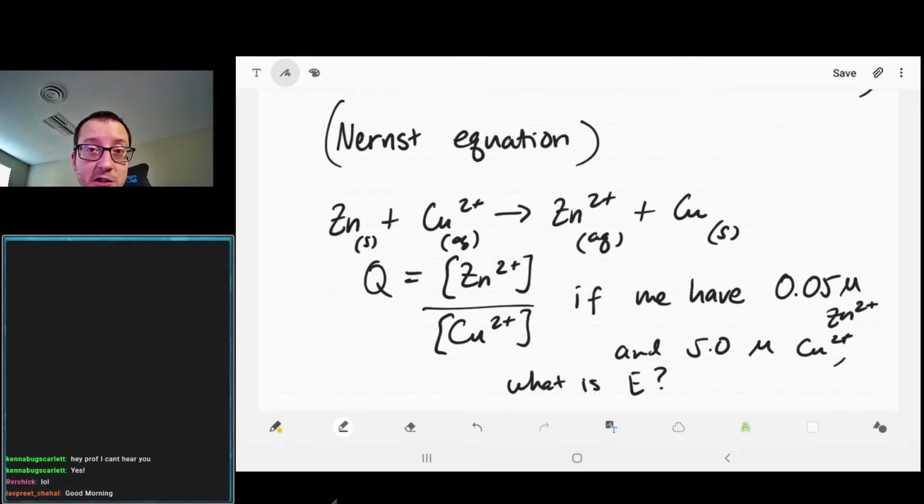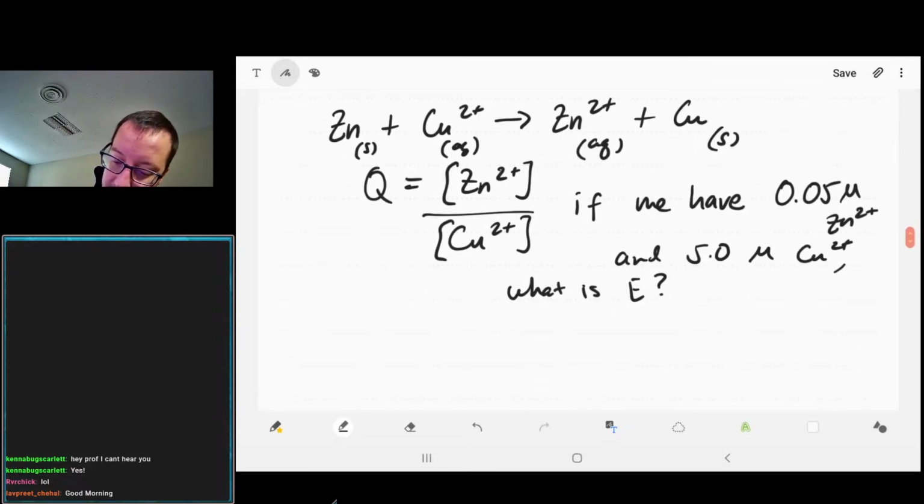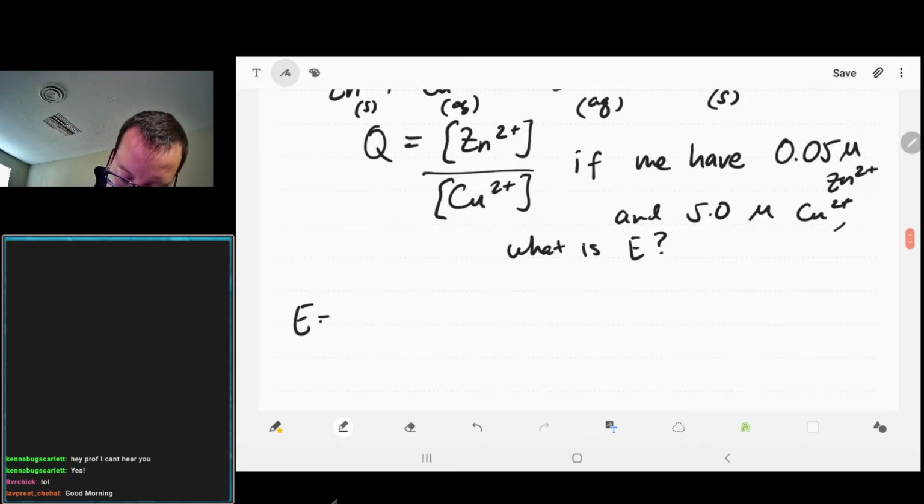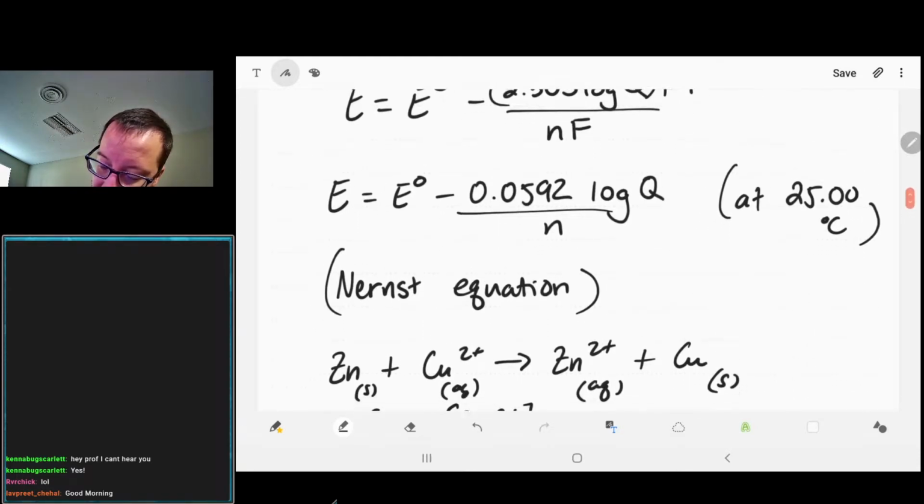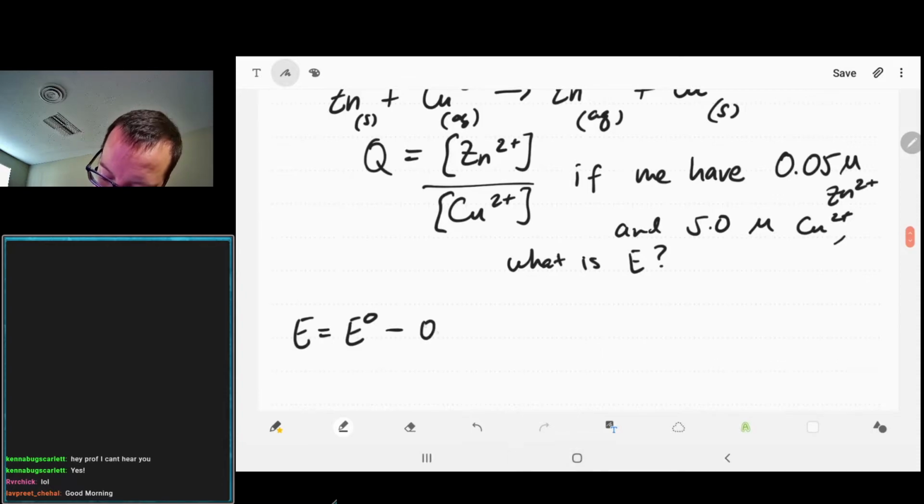So standard conditions again would be 1 molar of each, where Q would just be 1, right? If Q is 1, ln of 1 is 0, which cancels out all that other term. E is equal to E standard. But if we do this, we're going to have our cell potential minus, what was the number, 0.0592? That's right.